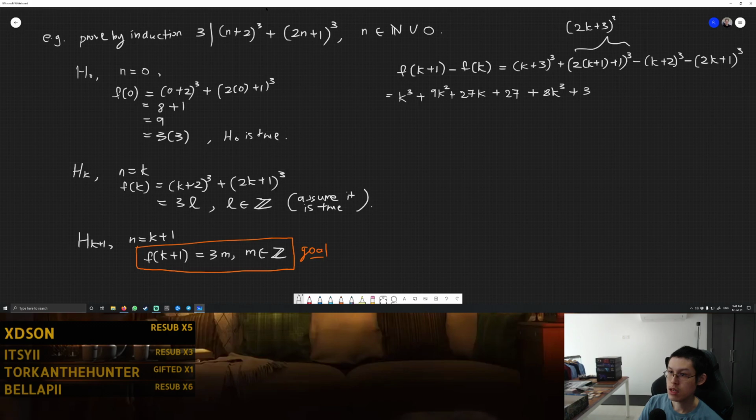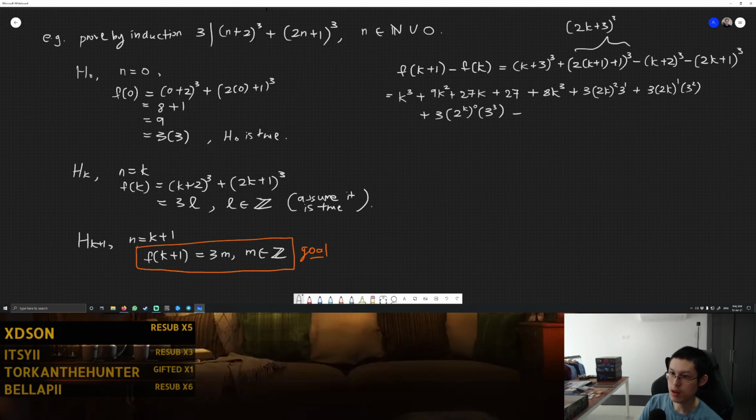So it's 3 times (2k) squared times 3 to the power of 1. Then we have 3 times (2k) to the power 1 times 3 to the power 2. And then plus 3 times (2k) to the power 0 times 3 to the power 3.